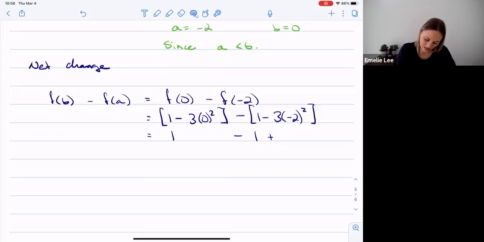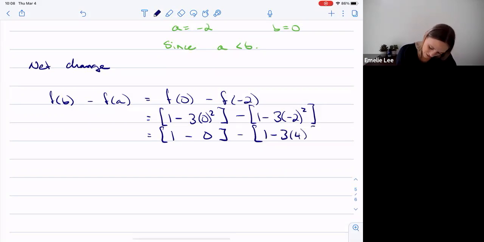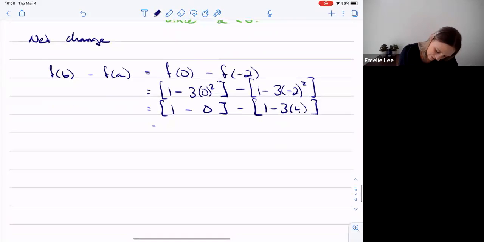And so negative 2 squared is 4 times 3, which is 12. And then I think I skipped too many steps here. So let me just pull it back here. 1 minus 0 minus 1 minus, oh, I didn't do 1. 1 minus 3 times 4. There, I'll slow it way down. So then this becomes 1 minus, and then I'll keep the brackets for a little bit longer, 1 minus 12.